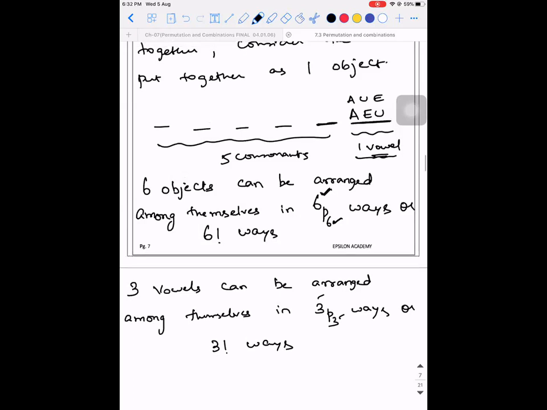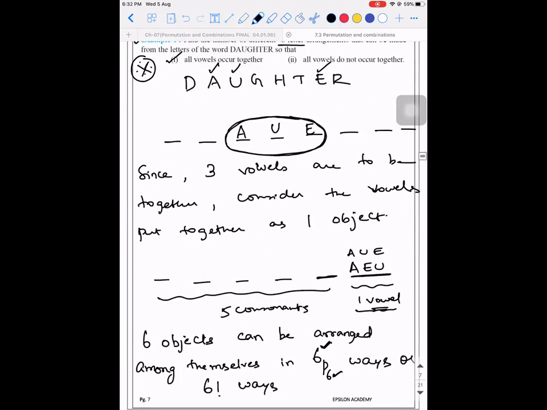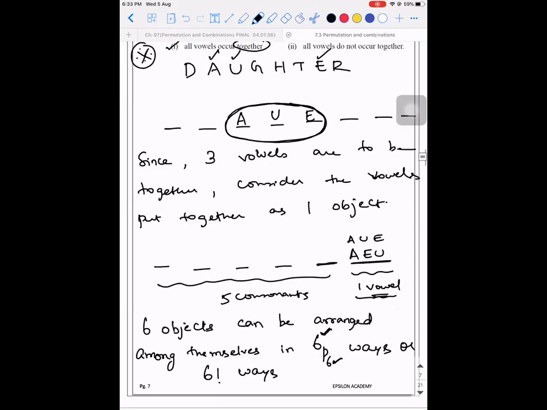So what did I do? Whenever you see a question where something has to be together, take that something. In this question, it is vowels. For example, if I say I want you to frame a number where all the even digits are together, then take all the even digits together, tie them and treat them as one object. In a similar way, in this question, I've taken all the 3 vowels, tied them together and treated them as one object, and I added that one object to the remaining consonants. So I got 5 consonants and 1 object.